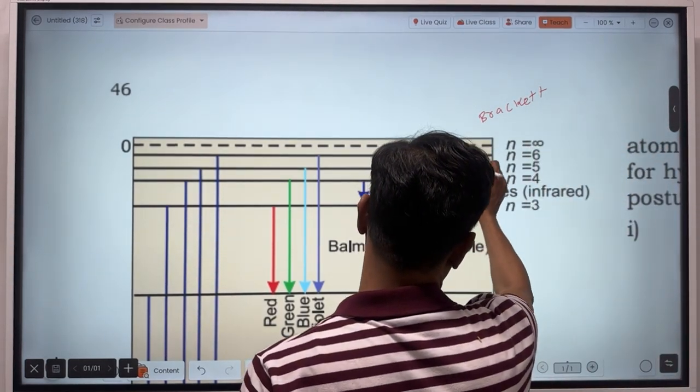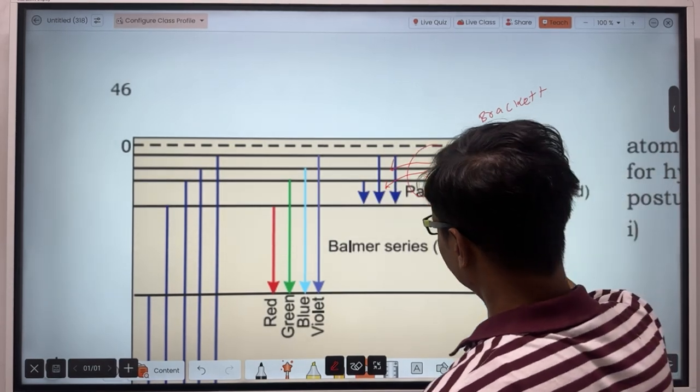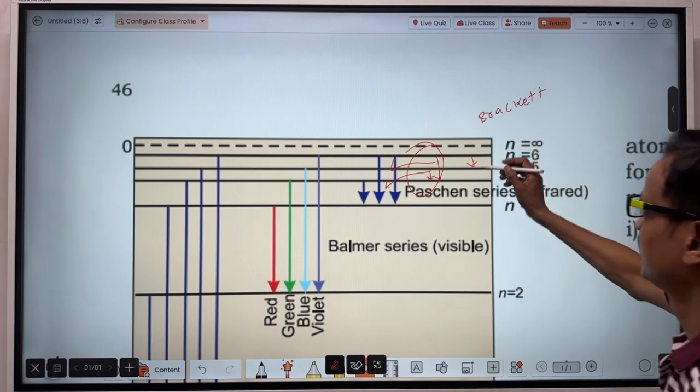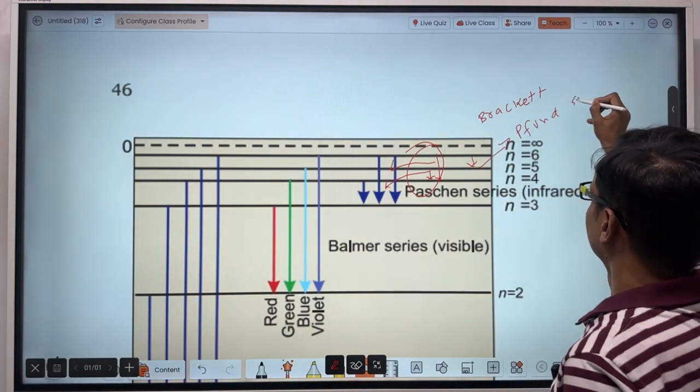Watch out here, the energy of this radiation will be much less. It also comes under the infrared region, and here that will be called Pfund series.